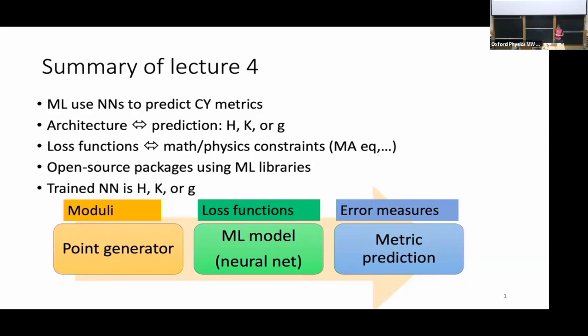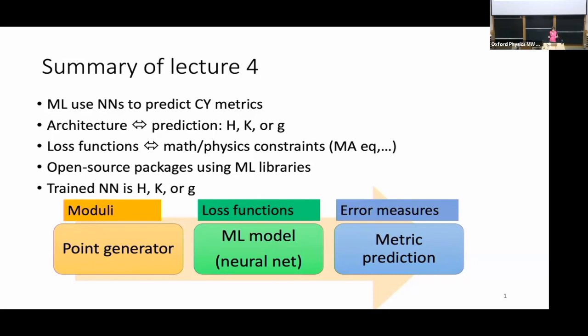And then we encode the physics constraints or the math constraints that we want to enforce, so for example, the Monge-Ampère equation or the Ricci flatness of the metric, into loss functions. And then we train the network using standard machine learning techniques such as stochastic gradient descent and backpropagation.